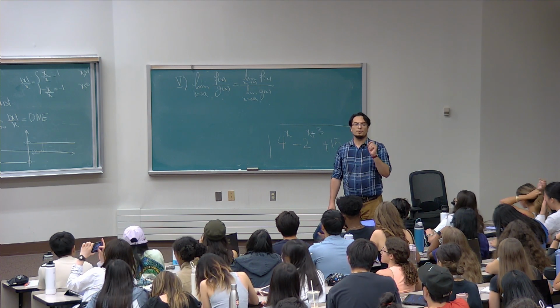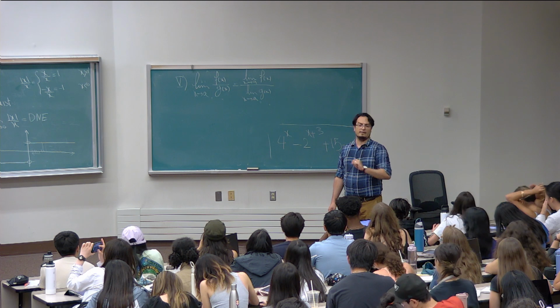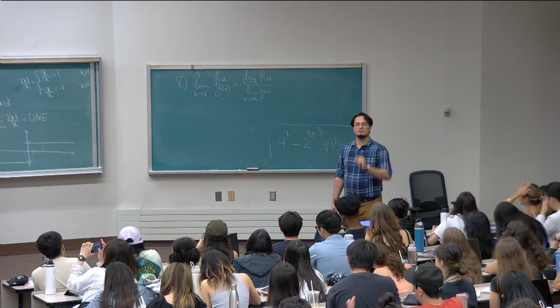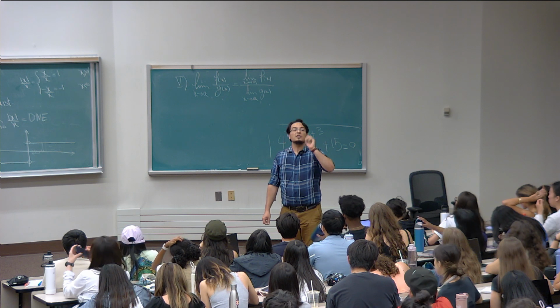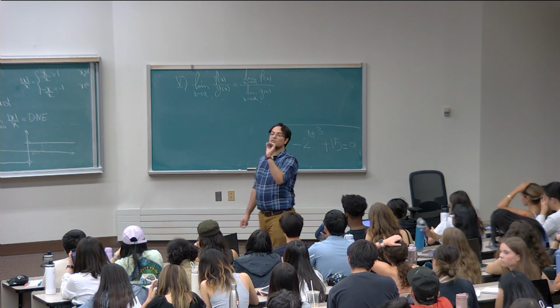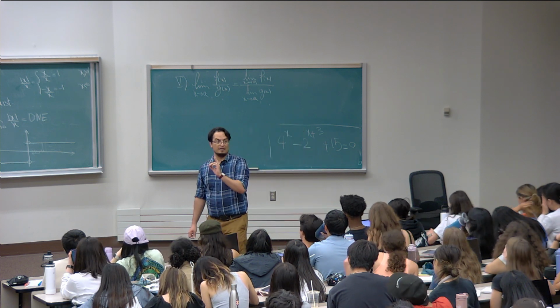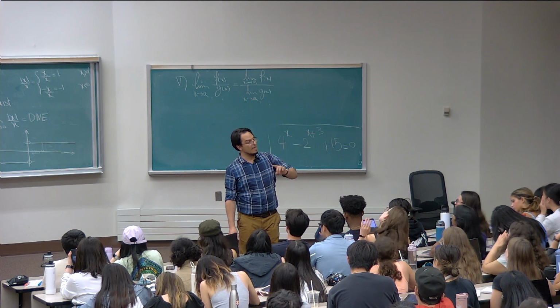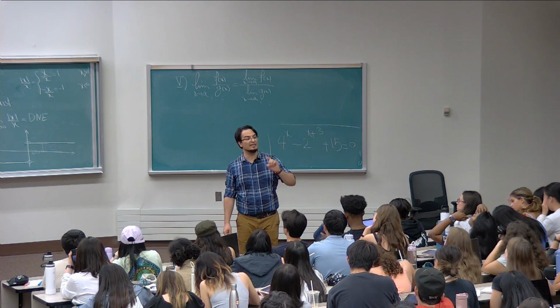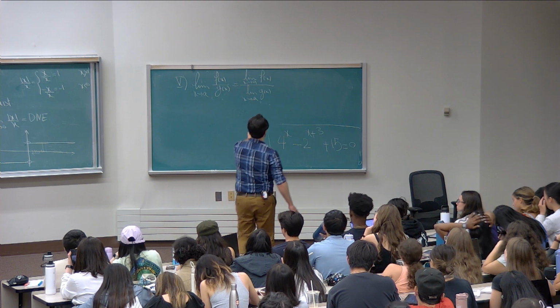But what is the problem? What could go wrong here? Can anyone? Yes, please. The limit of g as x approaches a could be 0. The function g may not be 0 around a, but when x approaches a, it may become 0. So the limit of the denominator could be 0.